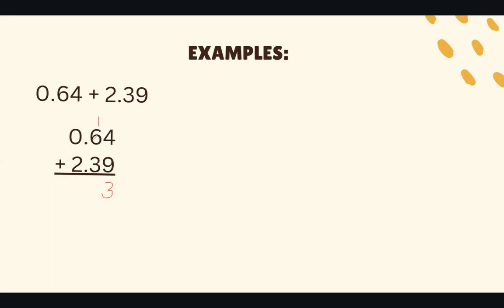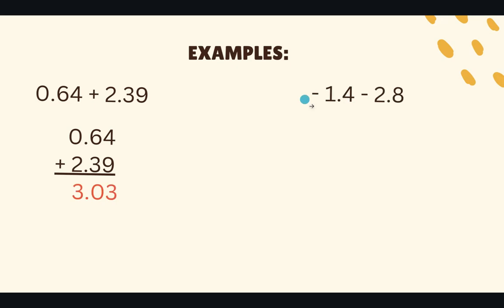Carry 1, 1 plus 6, 7 plus 3, 10. 10, carry 1, 1 plus 0, 1 plus 2, 3. After that, do not forget to also place the decimal point just below the decimal point, or just simply bring down the decimal point. So the final answer now is 3.03.